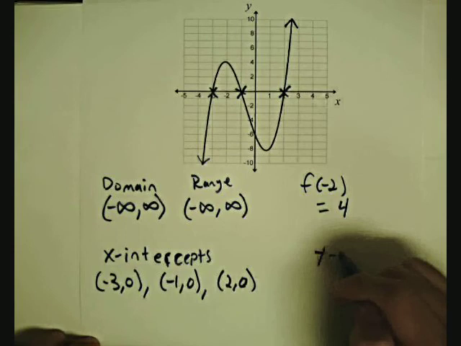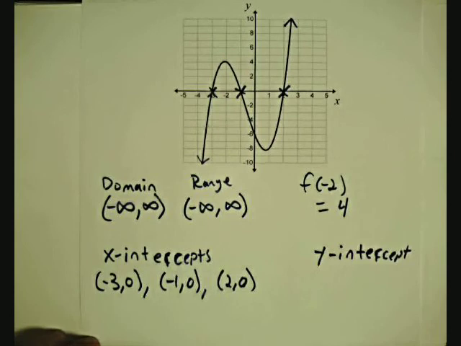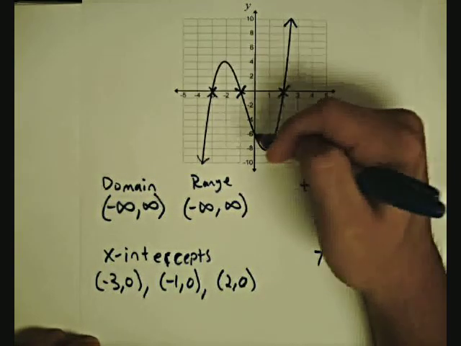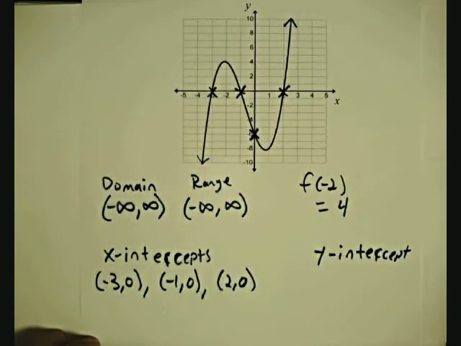Last thing we're asked to find is the y-intercept. The y-intercept is the place on the graph where the graph crosses the y-axis. So our graph crosses the y-axis here at -6.